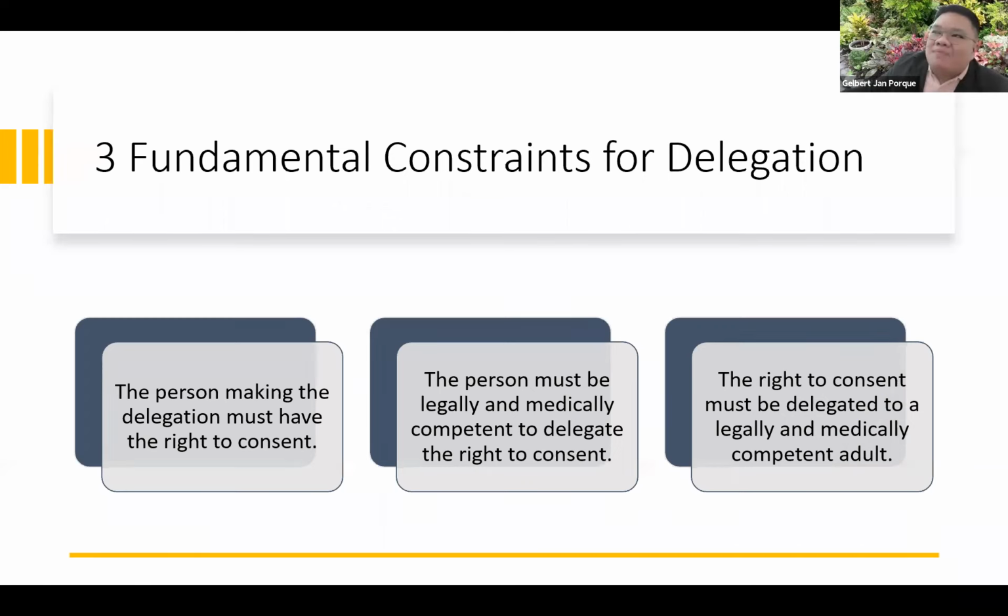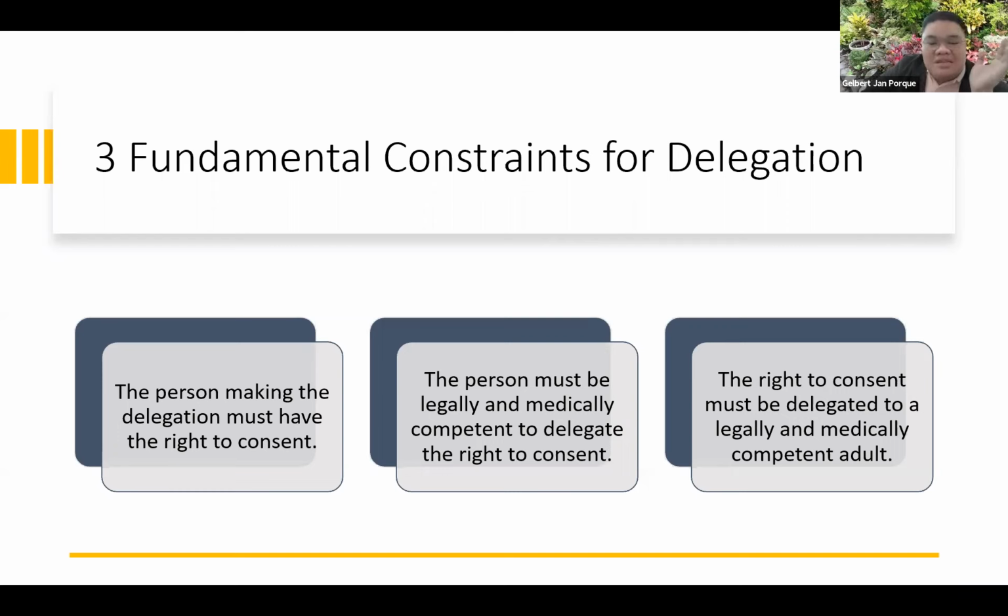Okay? Or halimbawa, if somebody is a prisoner, that prisoner might have some rights absolved or some rights may not be applicable to him. So for that reason, halimbawa yung prisoner sasabihin, no, I allow blah, blah, blah to take care of me. Hindi pwede. Okay? Because wala siyang right to delegate as of this time.